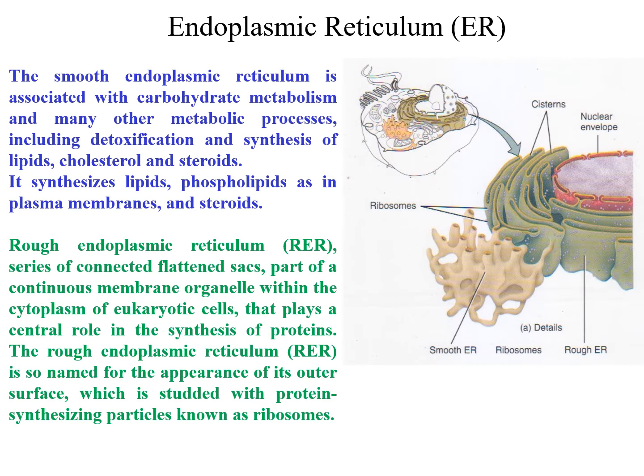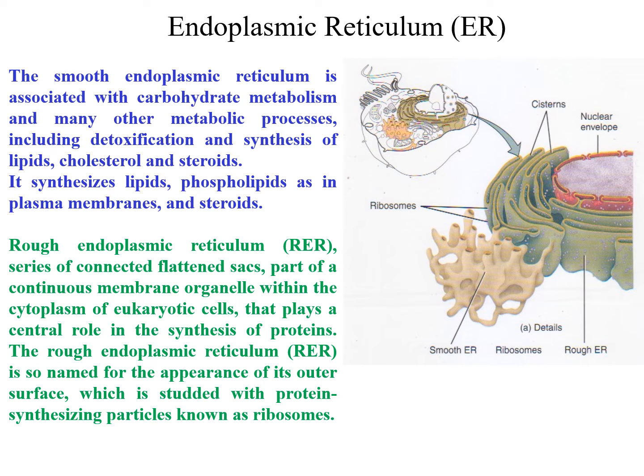Next, one of the important organelles is the endoplasmic reticulum. As you all know, there are two types: rough endoplasmic reticulum (RER) and smooth endoplasmic reticulum (SER). The smooth ER is associated mainly with carbohydrate metabolism and many other metabolic processes.